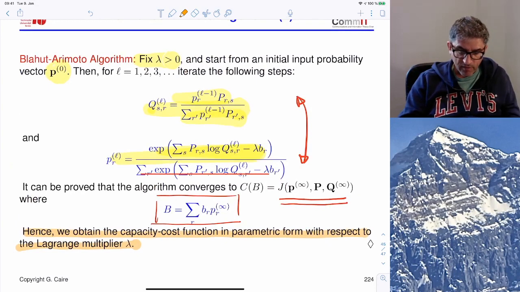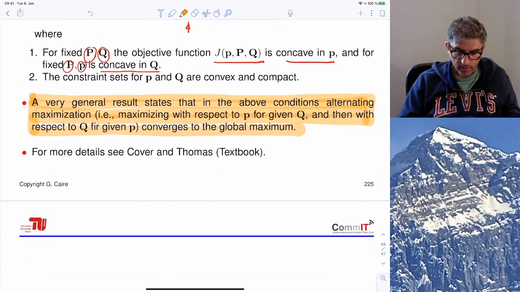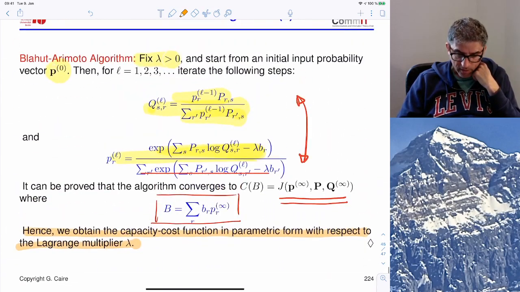Now, for a given P, we have the optimal Q. For a given Q, we have the optimal P. We alternate these two, and the algorithm converges to the optimum. So that's the general result, and this is the Blahut-Arimoto algorithm.